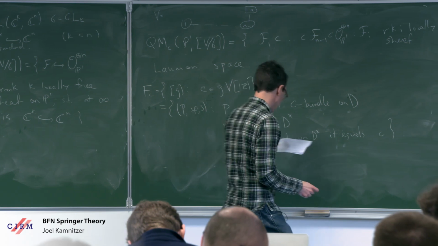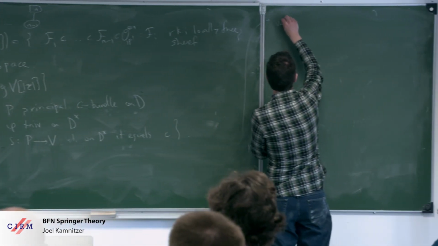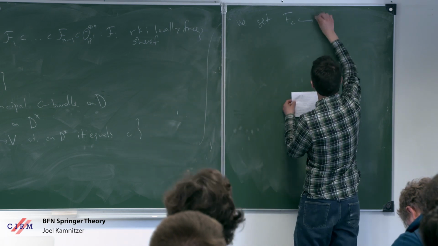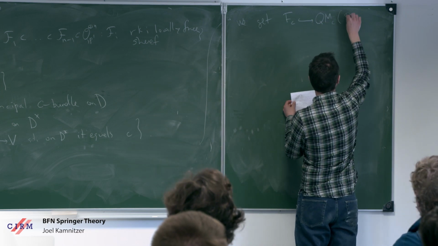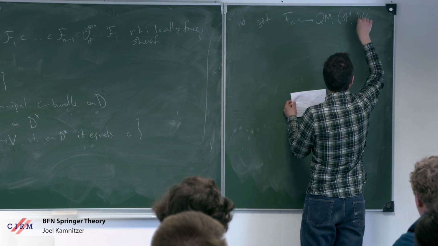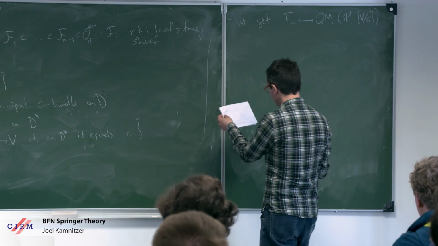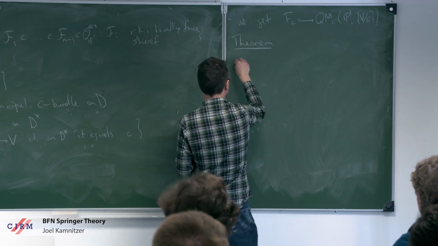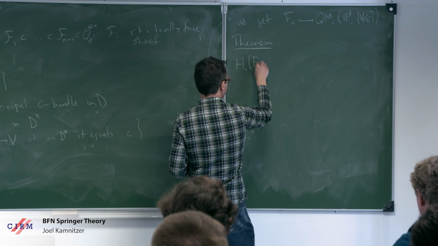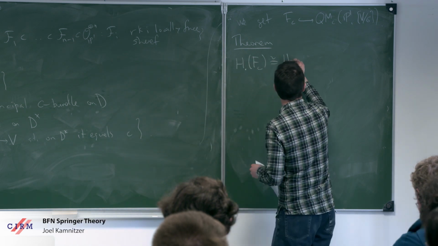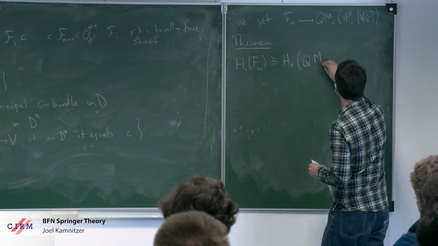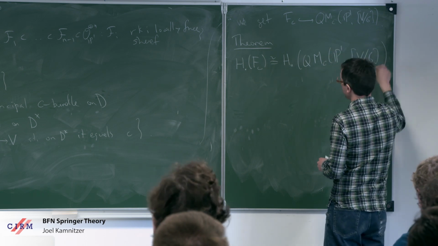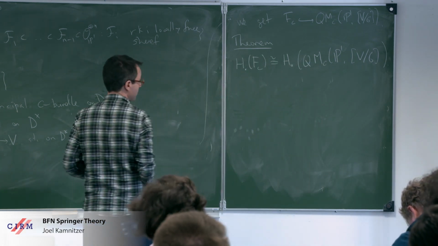So in that way, we get an embedding of this BFN Springer fiber into the quasimap space. And in fact, these two spaces will actually have isomorphic homologies.